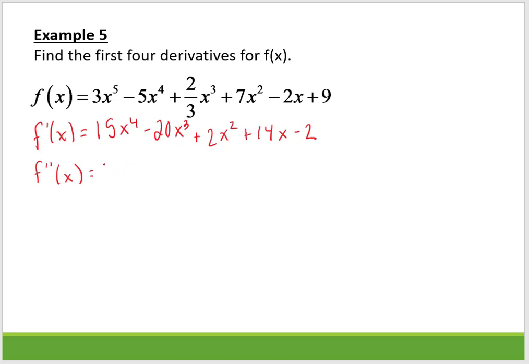We get 15 times 4, 60x cubed minus 60x squared plus 4x plus 14. Did I do that right? Yes, that was right.